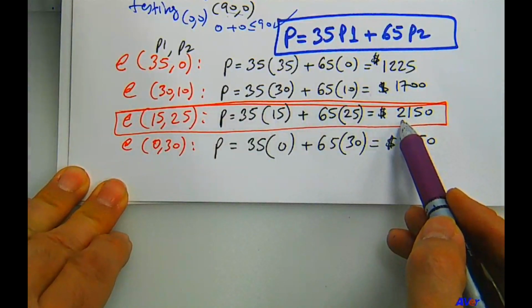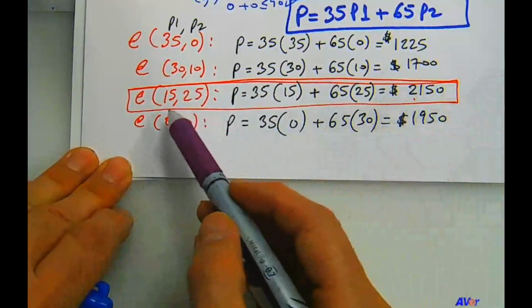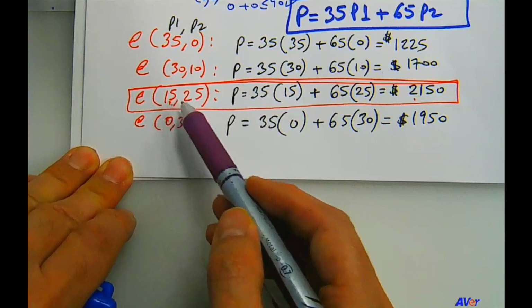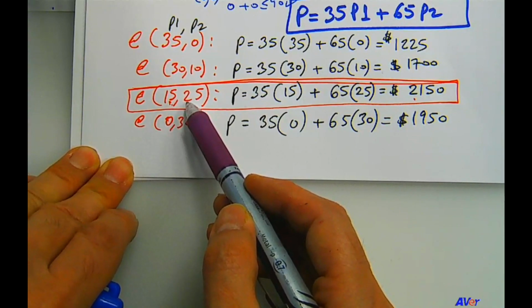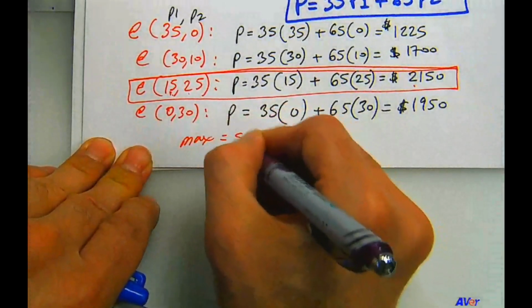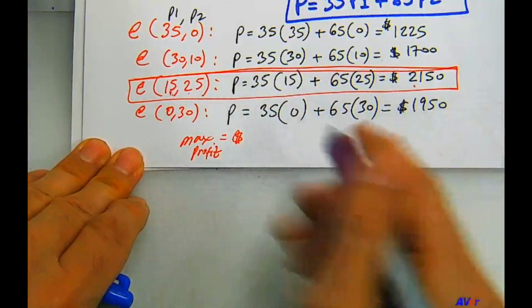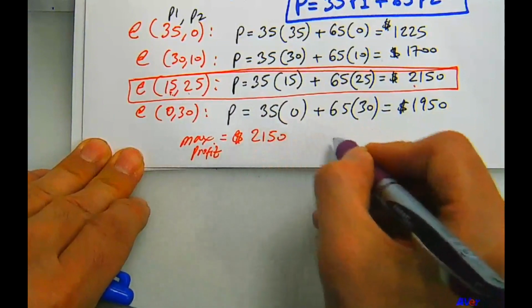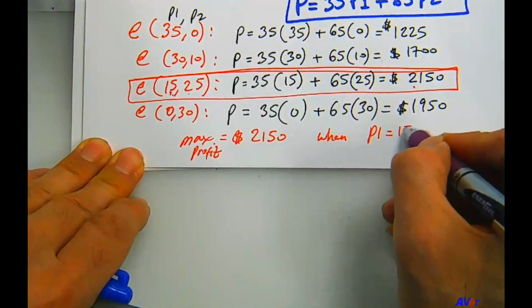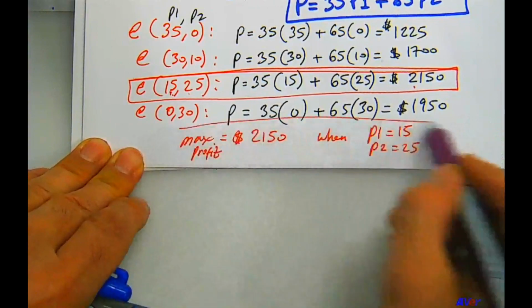Maximum profit is $2,150, and it will happen when we have 15 units of the first product and 25 units of the second product manufactured. So max profit is $2,150 when we have 15 of product 1 and 25 of product 2.